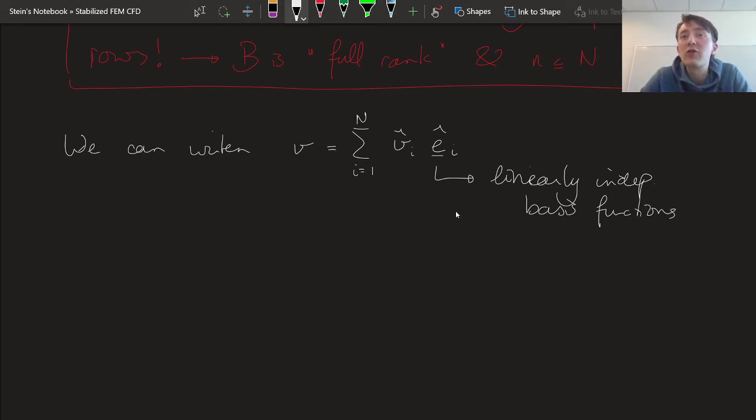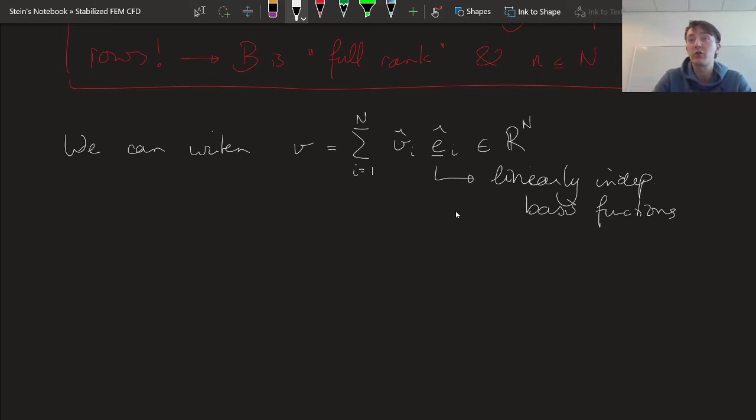So the natural choice is always to choose the natural basis, right? The one where we have 1, 0, 0, 0, 0, 0, etc., or 0, 1, 0, 0, 0, 0, etc. But in principle, you'll be able to always write any function v, or any vector v, which is a member of R capital N, as coefficients times basis, as long as this basis is linearly independent, right?